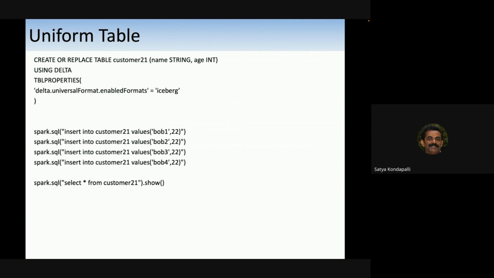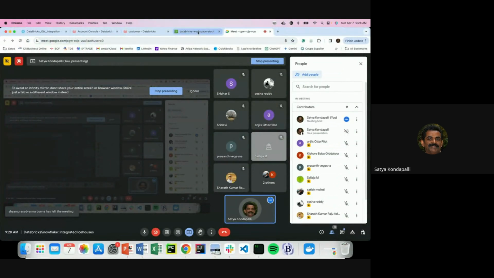But late last summer, they introduced that you can not only store it as a Delta table, you can also store additional metadata in Iceberg format. I will show that. When you create this table, it automatically creates a Parquet file because you need the data, then it also creates Delta metadata and Iceberg metadata.